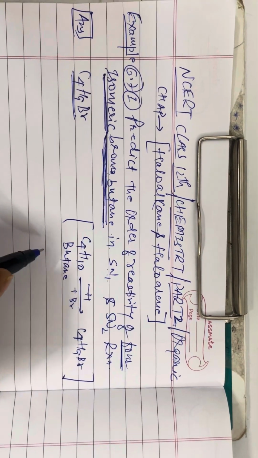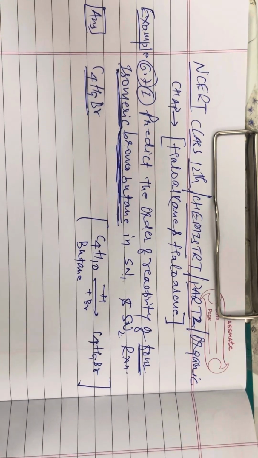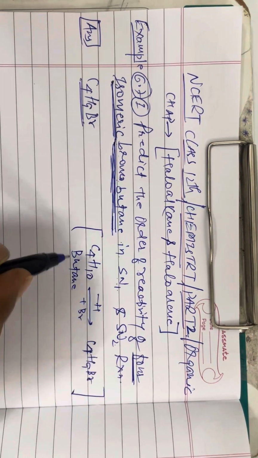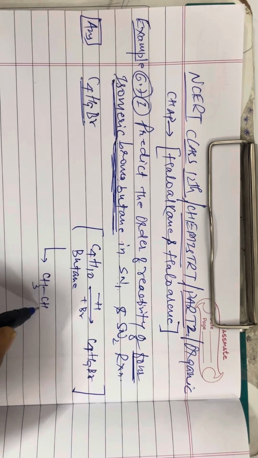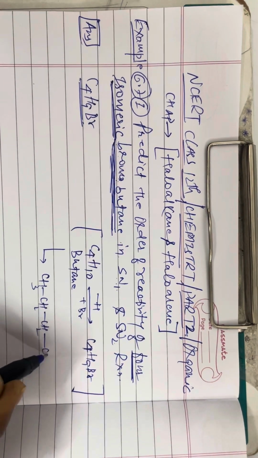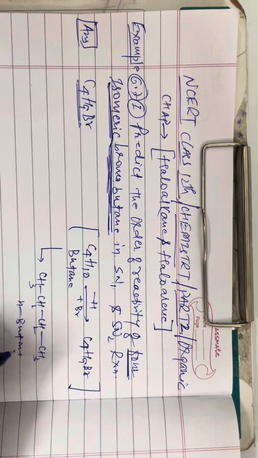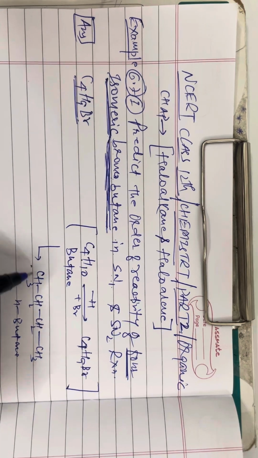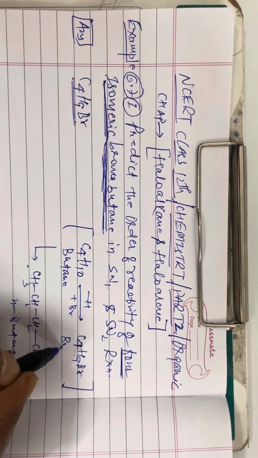First of all, you draw the butane. If you remember, in 10th class you learned that there are two isomers of butane. One isomer is CH3, CH2, CH2, CH3. This is n-butane. Here we are drawing the isomers of butane, and after that we'll draw the isomers of bromobutane.